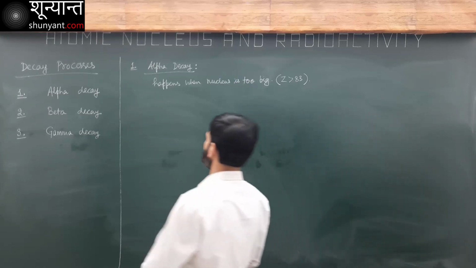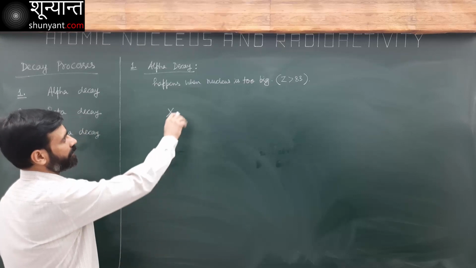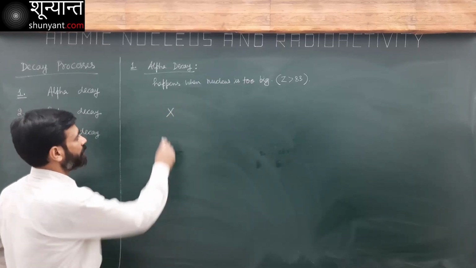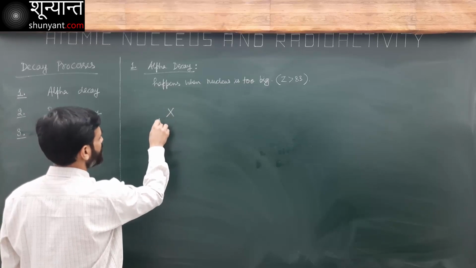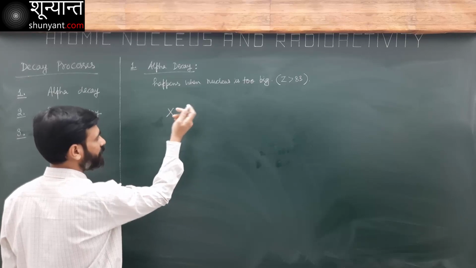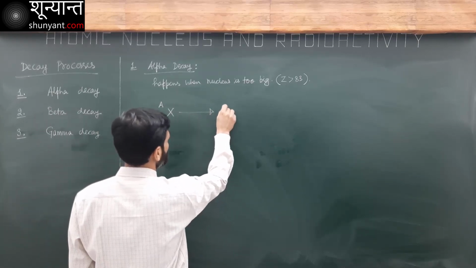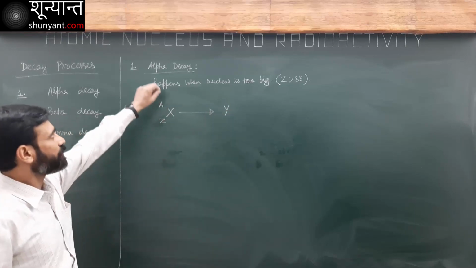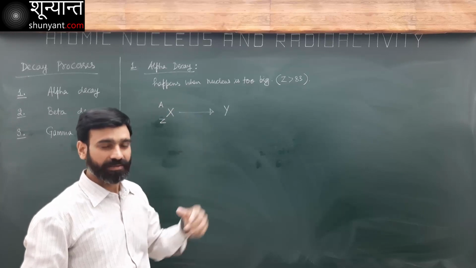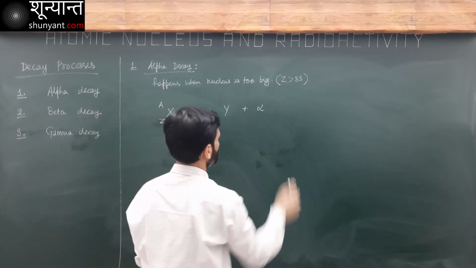Let's say that I have this nucleus here, with atomic number Z and mass number A. Now this is going to decay through alpha decay. It will decay into another nucleus plus an alpha particle.